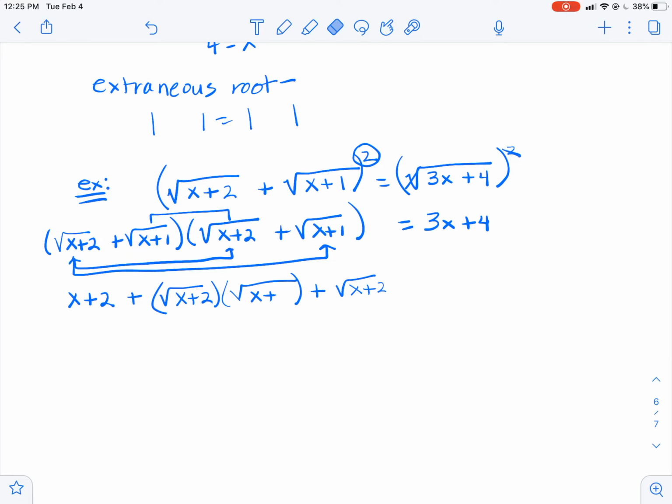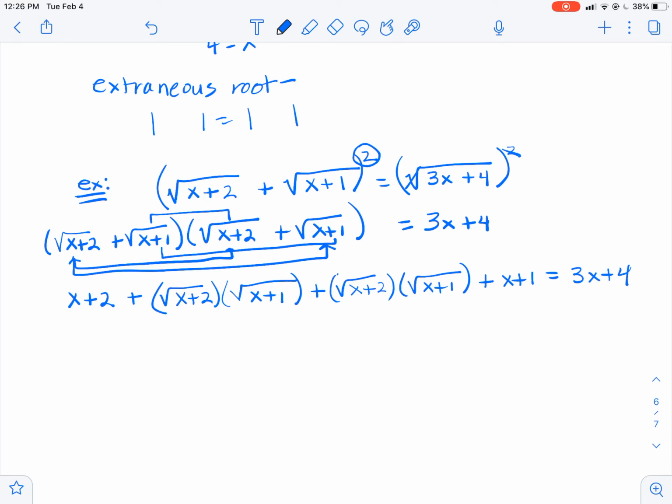Change that to a 1. Times the square root of x plus 1. Equals, whoops, not equals yet. I forgot to do the last. Last, which would be the square root of x plus 1 times the square root of x plus 1, which is x plus 1.